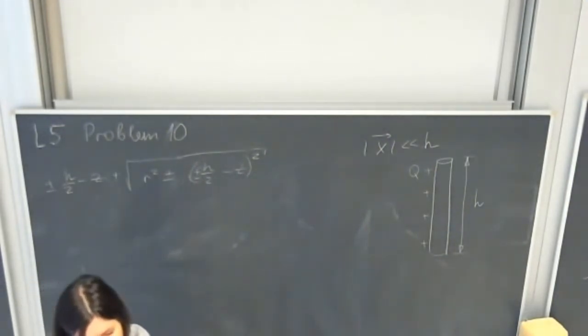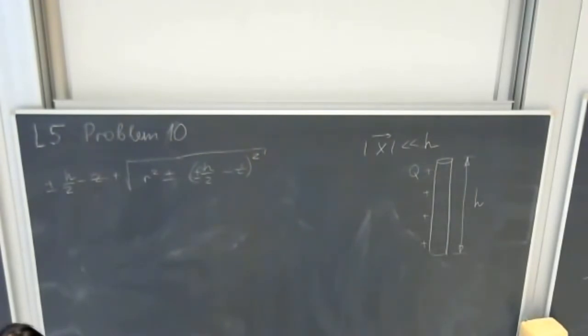To do this, we think about what is large here. It is h, and then we can take it out of the bracket.